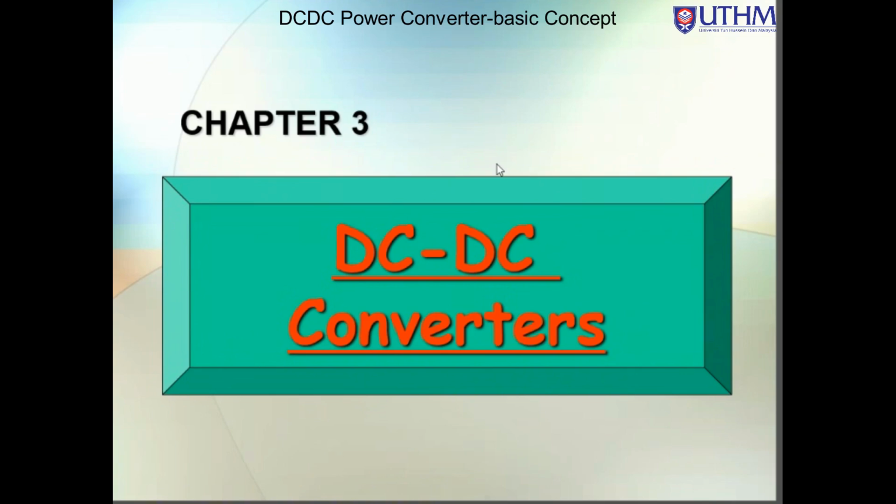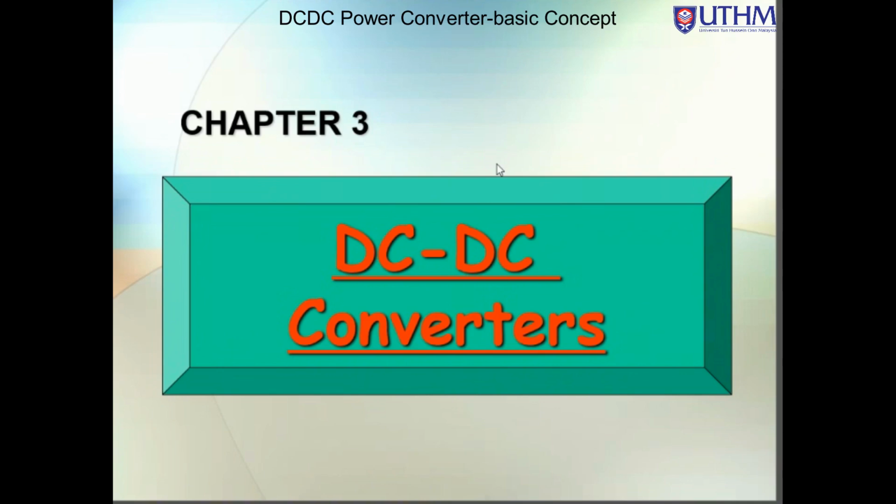But in this topic, let's say we already have DC supply. For example, 12 volt we get from the battery. For example, kita ada supply daripada bateri. Contohnya, contoh bateri kereta ataupun bateri motorcycle, 12 volt. Then we need to charge our handphone. Our mobile phone is 5 volt, right?